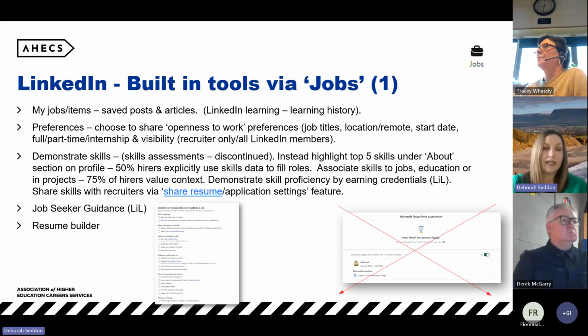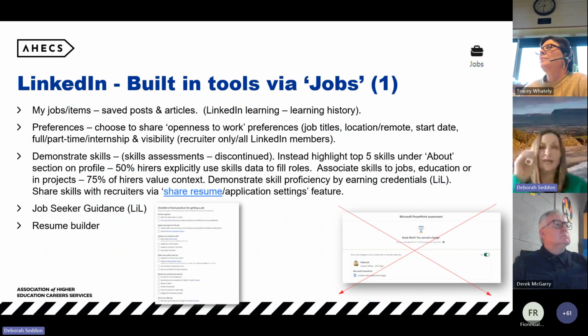And you can see I've added here the checklist for best practice, which I do use with students. That's quite useful, I think, in giving students something tangible to tick off so they know where they're at in their progression through that application process.